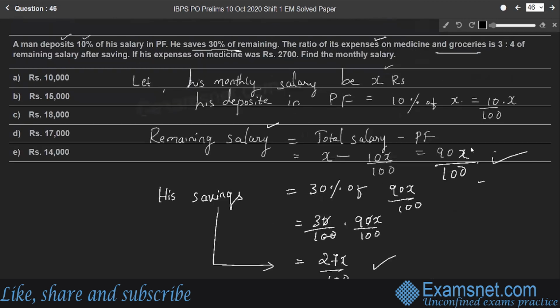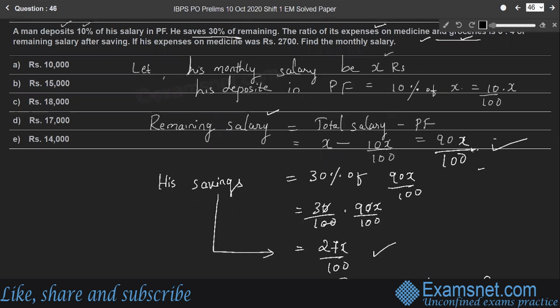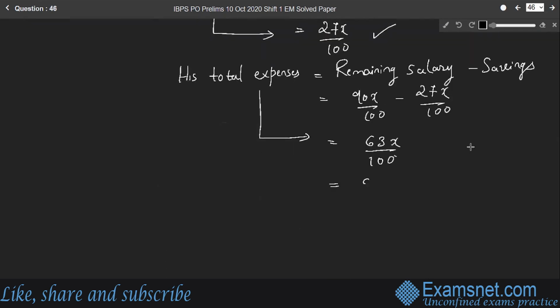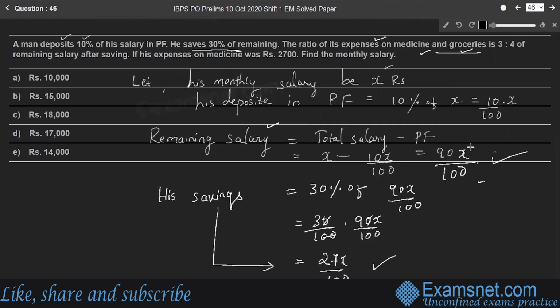So total expenses means expenses on medicine and groceries, right? So we will write groceries plus medicine. So what is his expenses on groceries and medicine then? Here it is given that his expenses on medicine was 2,700 and the ratio of expenses on medicine to grocery is given as 3:4. Now let us find his expenses on groceries.